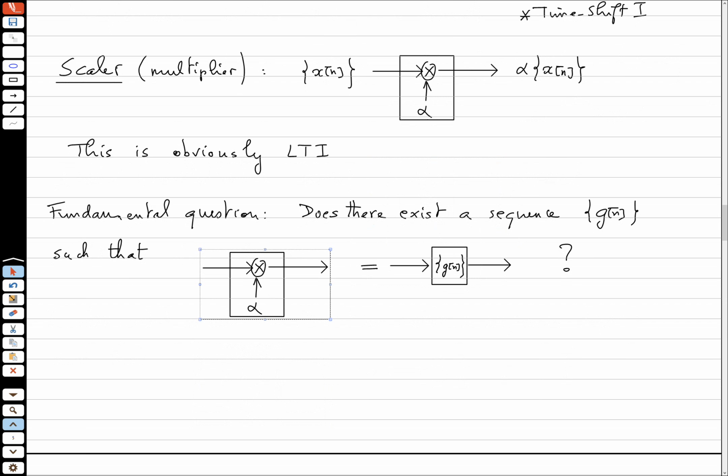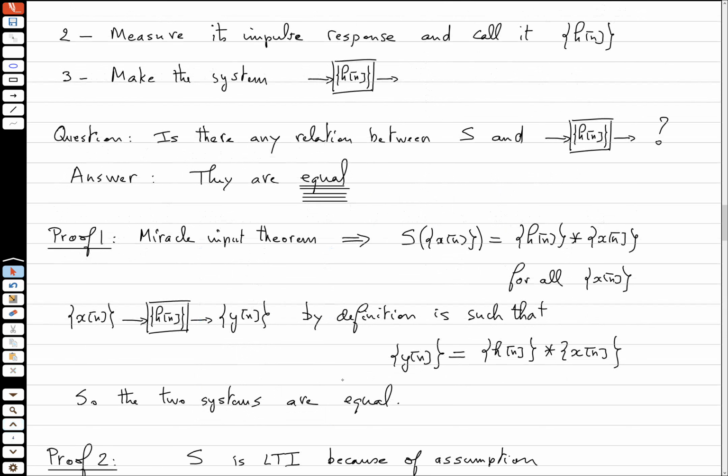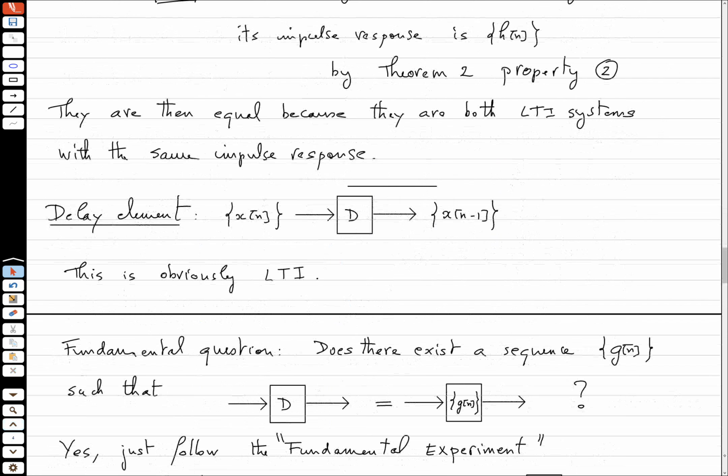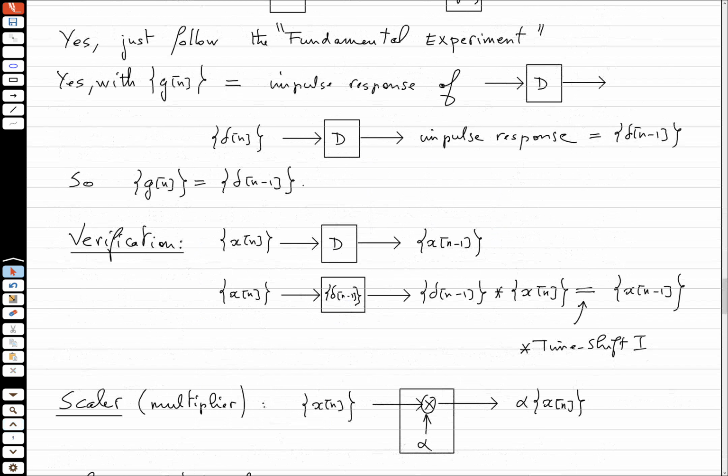So, in fact, you proceed the same way, right? Sorry, I'm going to just copy and paste because it's the same thing.